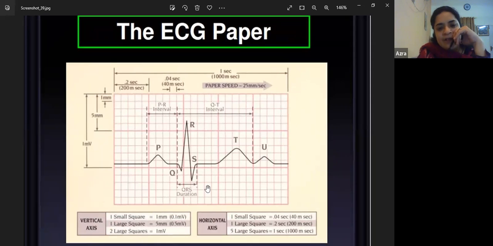Now horizontally, one small square is 0.04 second, which means 40 milliseconds.